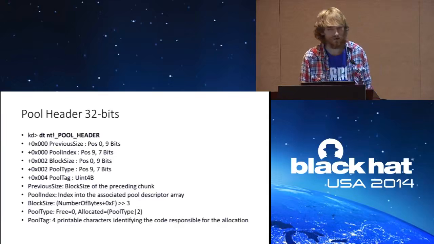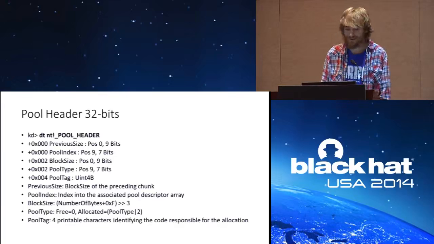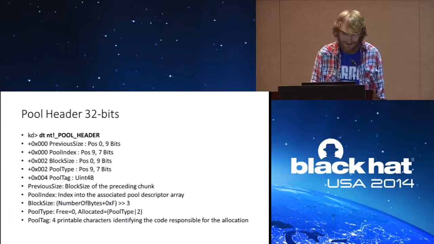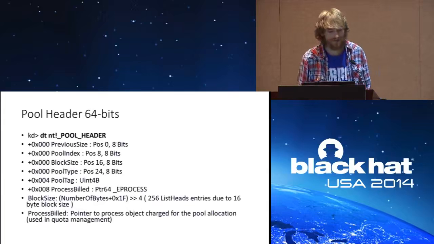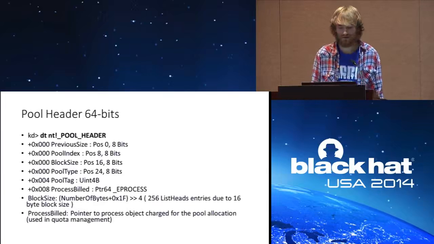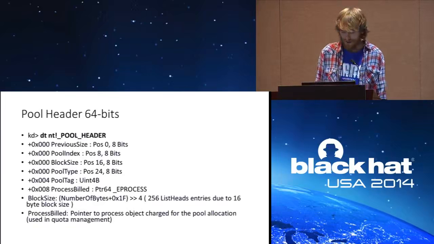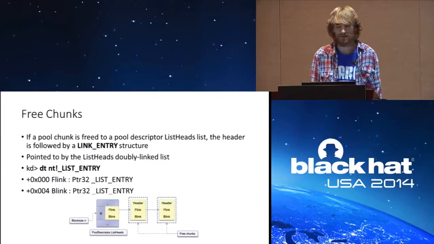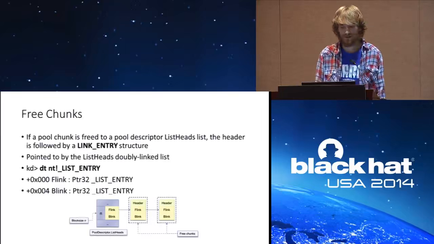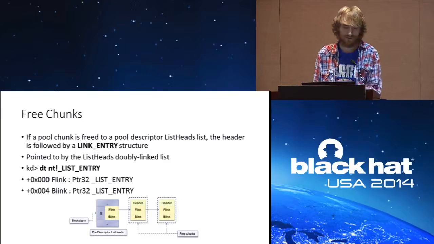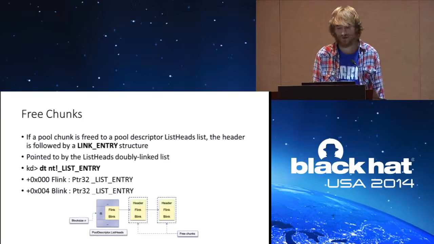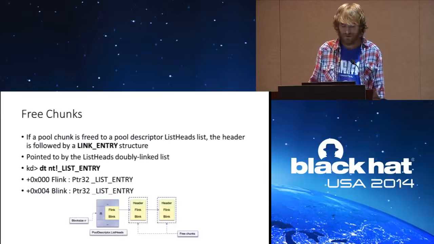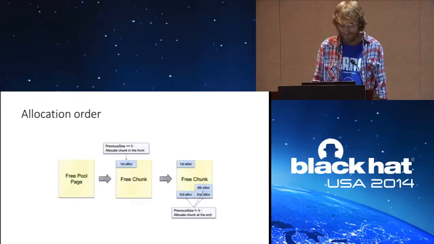It contains several fields like previous size, pool index, block size, pool type, pool tag, and on 64 bits it differs a little bit because it contains a pointer to the EPROCESS structure. If the chunk is freed, after the pool header there is a list. There are 2 pointers. Basically, it's a LIST_ENTRY structure, a pointer to the forward chunk and to the previous free chunk.